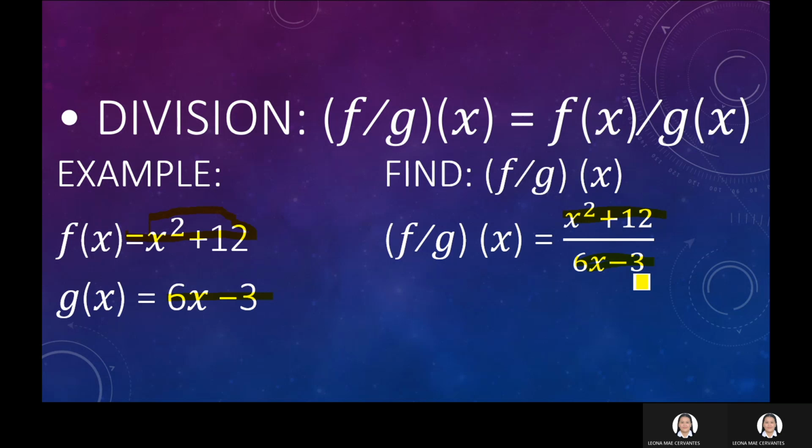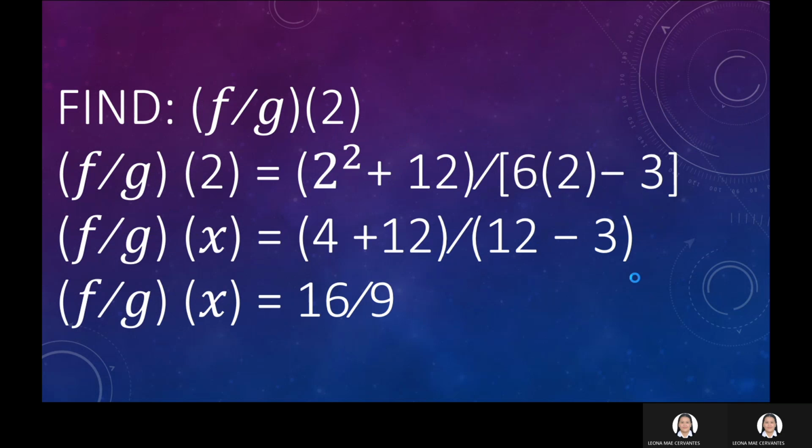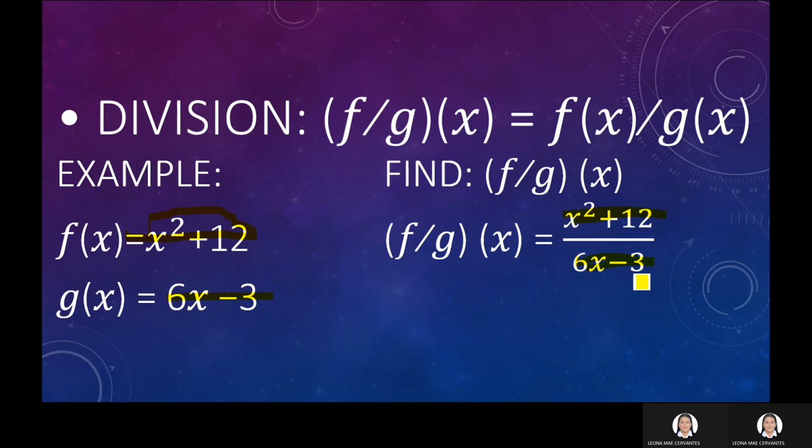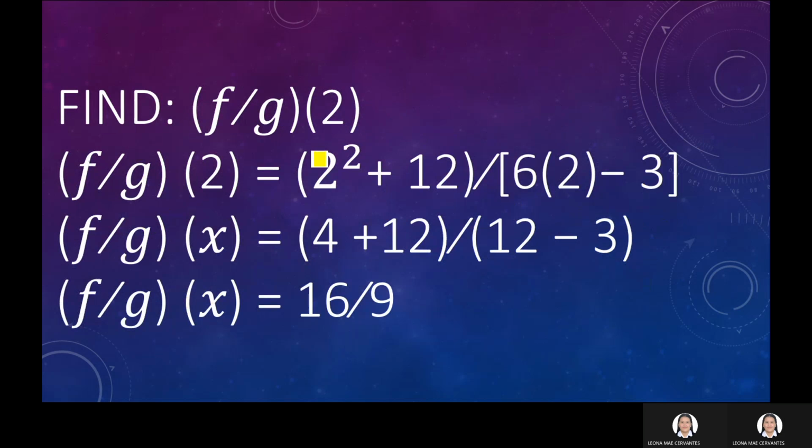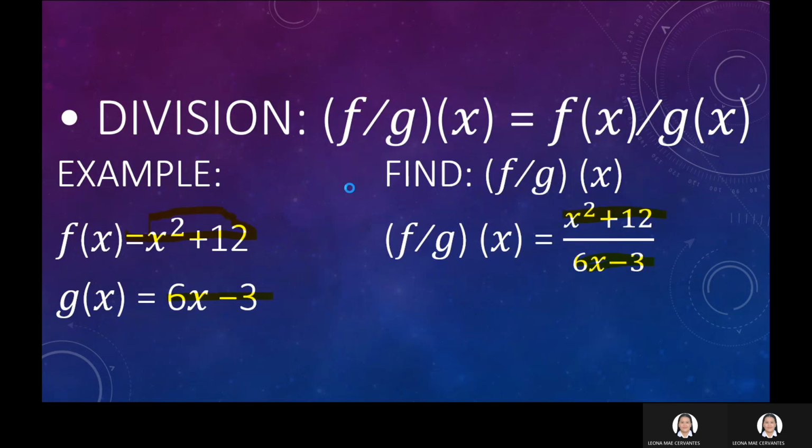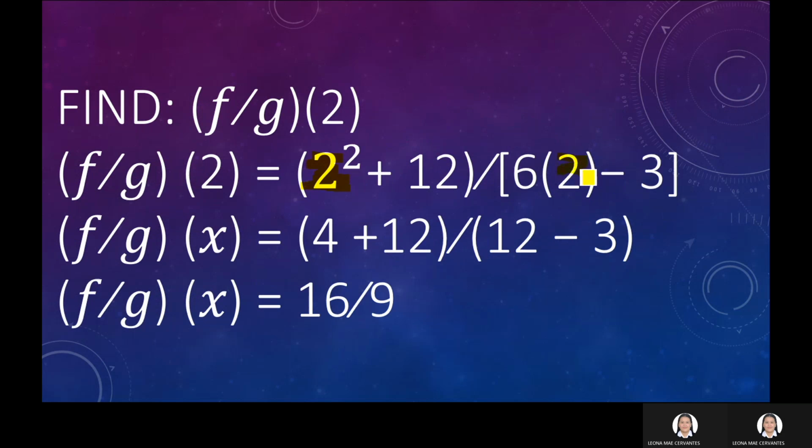Okay, so next. Again, the value of f of x is x squared plus 12. So we have 2 squared plus 12. Then g of x, we have 6x minus 3. So 6 times 2 minus 3. 2 squared is equal to 4 plus 12 divided by 6 times 2 is equal to 12 minus 3.